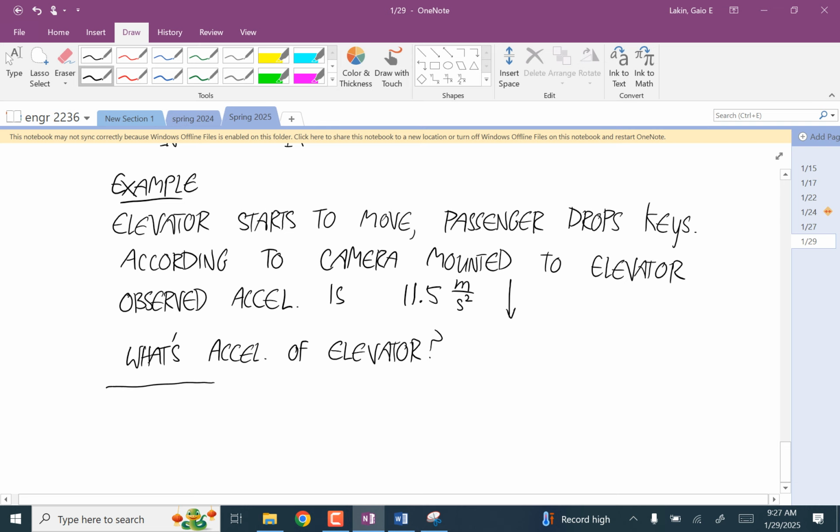Well, we know two things. We know that the acceleration of the keys relative to the elevator is 0, negative 11.5, if we have our usual coordinate system.